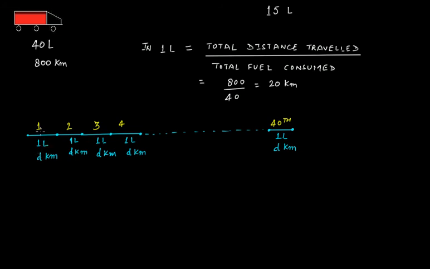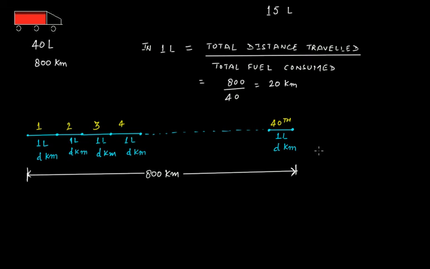In the first liter you travel d kilometers, in the second liter again d kilometers, in the third liter again d kilometers. If you add all these d's, that gives you the total distance traveled. And what's the total distance traveled? That's actually 800 kilometers.